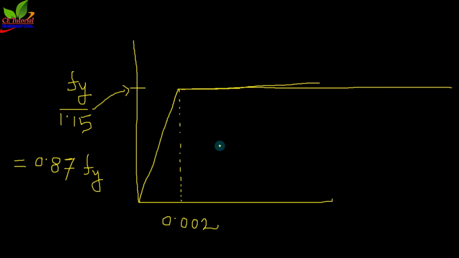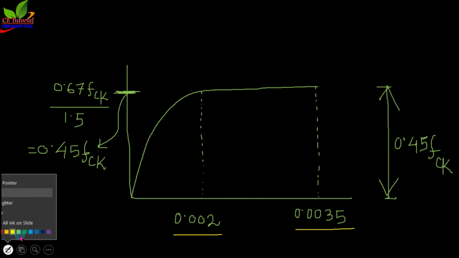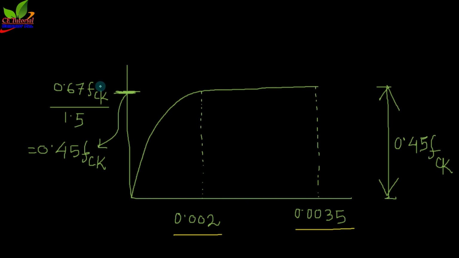Okay. No problem. One thing you please remember: the range of FCK value is 10 to 100 according to IS 456, ordinary to high strength concrete.